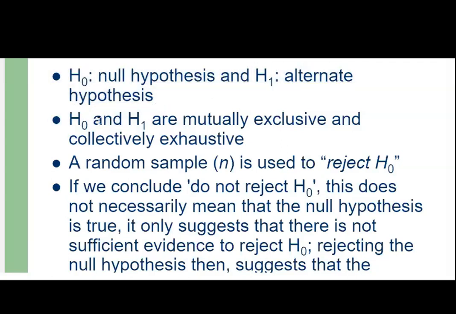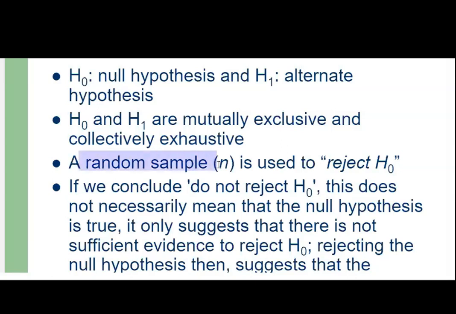Remember, in 99% of cases, H1 is written in a positive format, which means we say there is a significant relation, there is a significant difference. And H null is normally written in a negative form: there is no significant relation, or there is no significant difference.